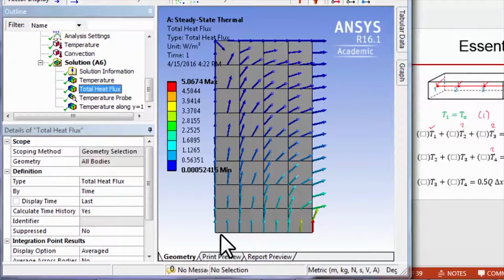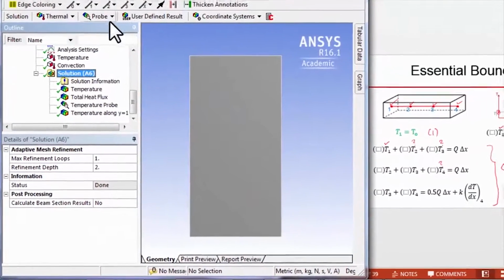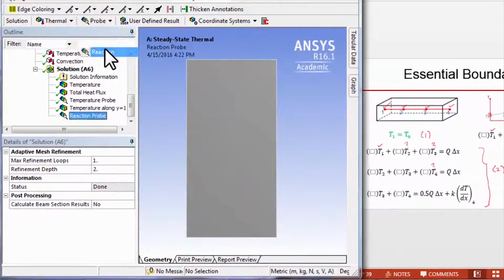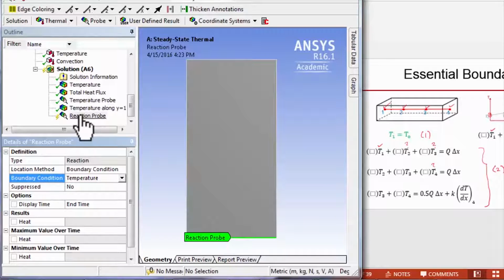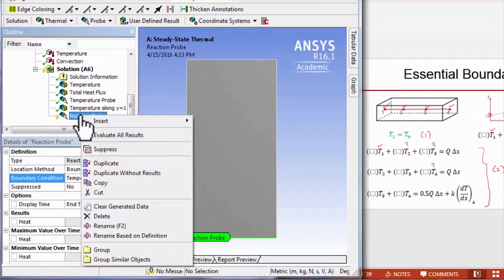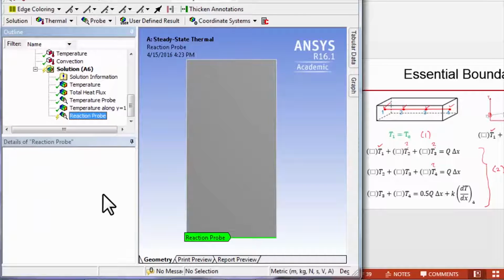So let's calculate that reaction at that essential boundary condition. I'll highlight solution in the tree, and I'll say probe reaction, and I'll pick my temperature boundary condition, and I'll say evaluate all results.